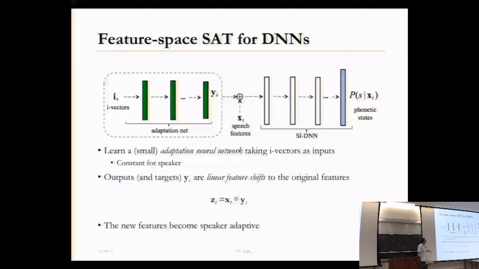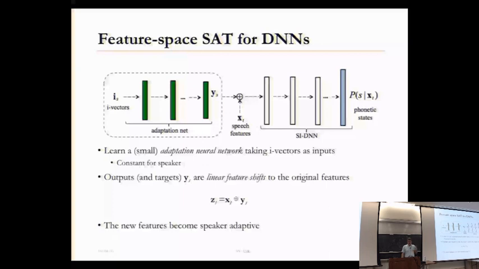So we said, well, can we train a little adaptation network that takes the I-vectors and learns to predict a lower dimensional, just a little feature shift, just an additive shift to the input features, which we can then use to improve the model, rather than appending the features directly.